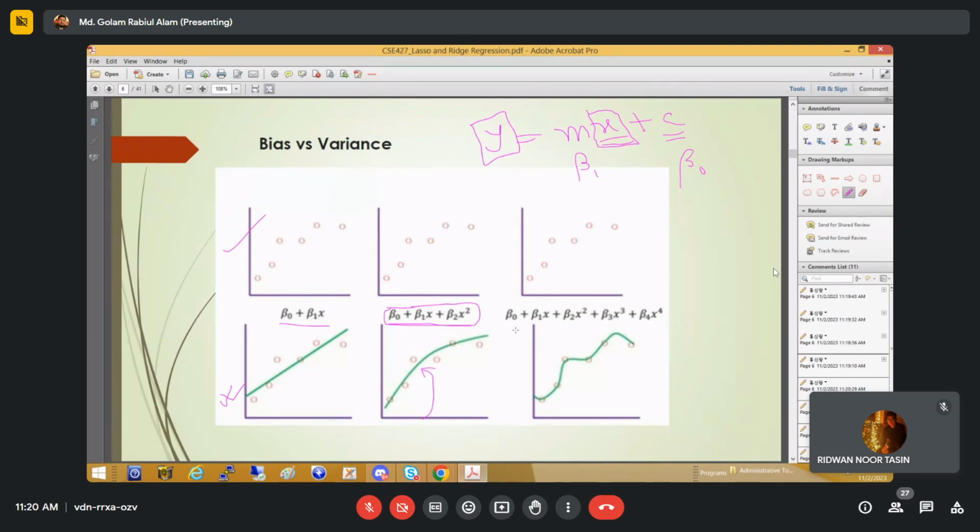Or we can use higher degree polynomials: beta 0, beta 1x plus beta 2x square, beta 3x cube, and beta 4x power 4. Then we will get this kind of curve for the higher degree polynomials.